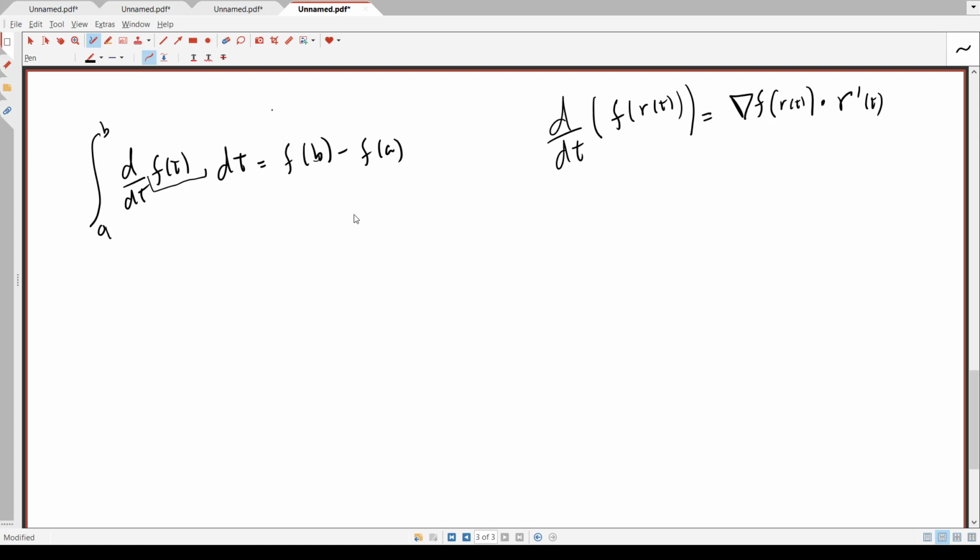Okay, so let's put these two ideas together. So here, if I know that I can integrate a derivative very easily, and this is my derivative, so this is f of r of t.